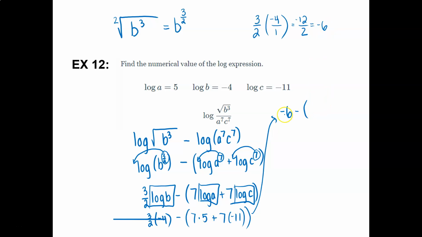Then 7 times 5 is 35. 7 times -11 is going to give us -77. So we've got -6 minus 35 minus 77, which is going to give us -42.